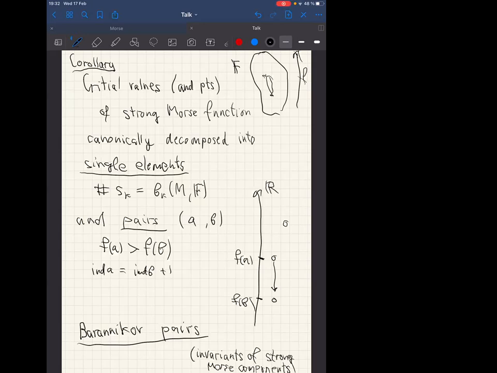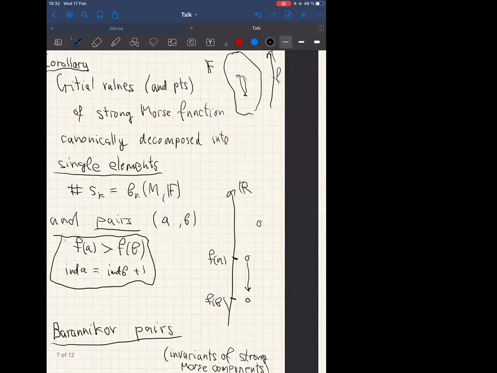Each pair is a pair of two critical points of neighboring index: the index of a, the bigger critical level point, is equal to the index of b plus 1.